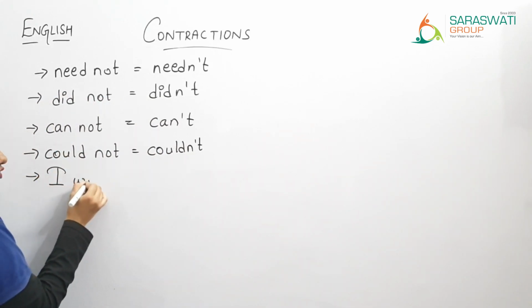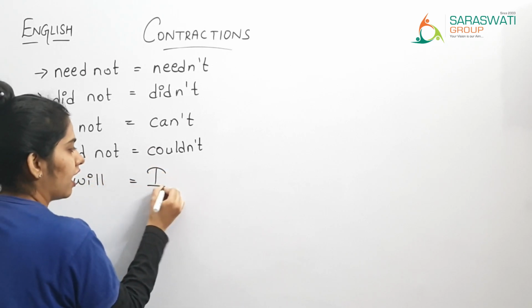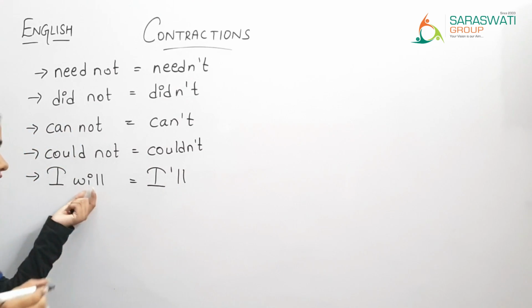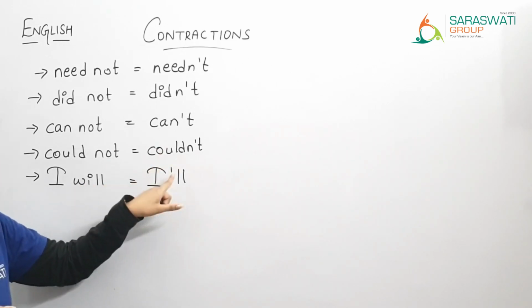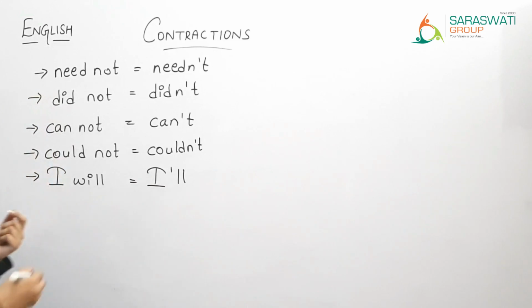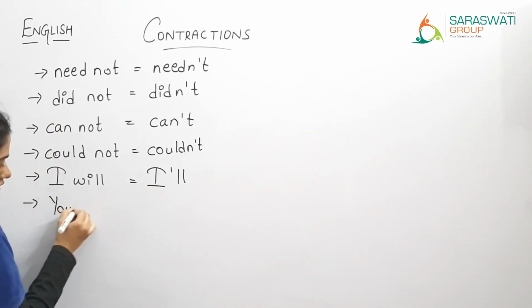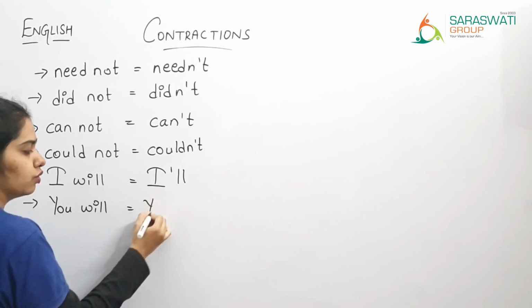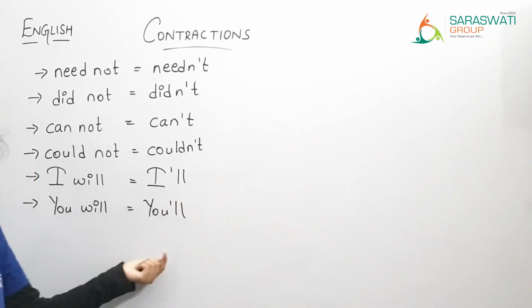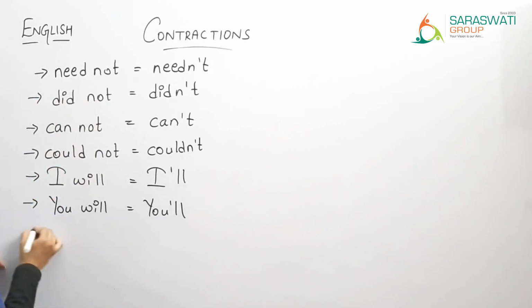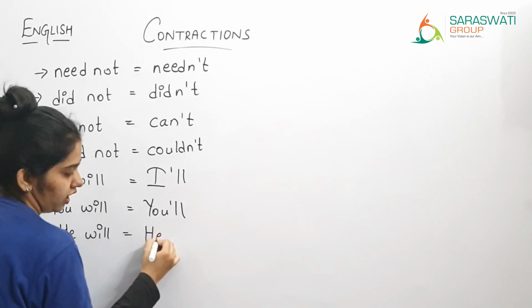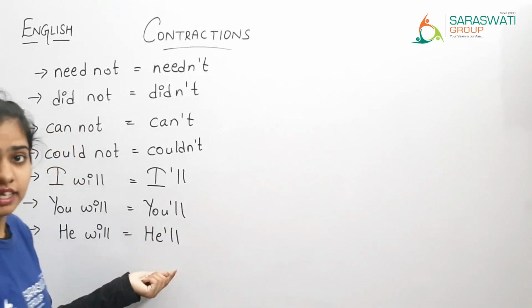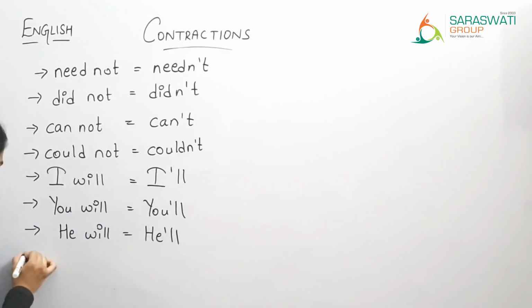I will. So I apostrophe double L. So over here we have dropped two letters W and I, and instead of that we have put an apostrophe sign. Then you will: so you apostrophe double L. Then he will: so he apostrophe L. Then she will.